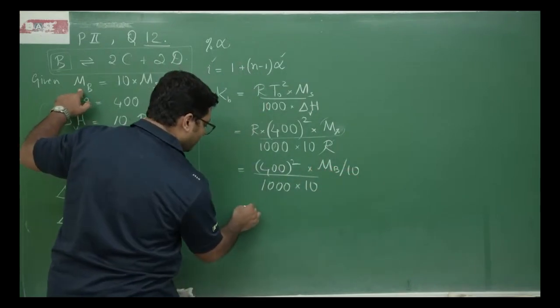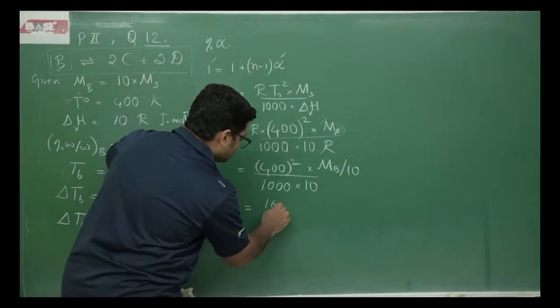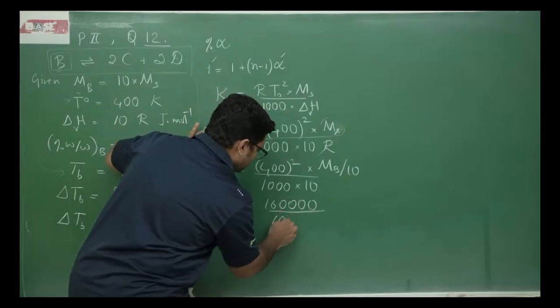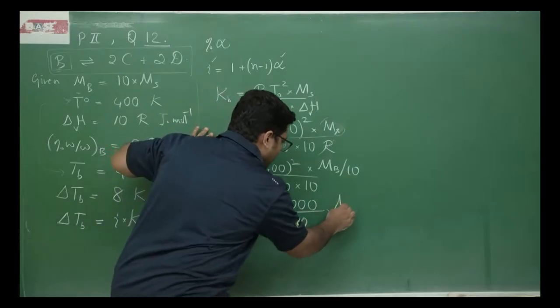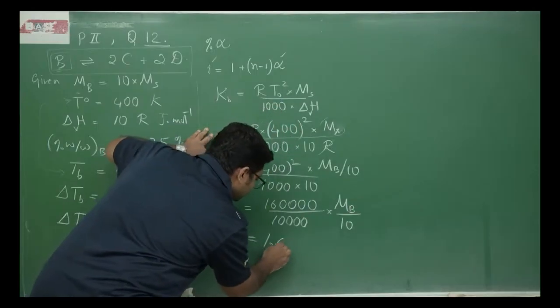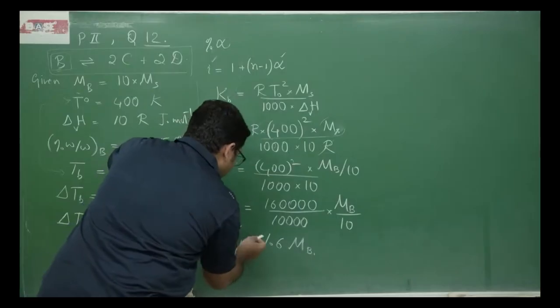Simplifying this, it becomes 16 times molar mass of solute divided by 10, which is 1.6 into molar mass of solute. That's the Kb value in terms of molar mass of solute.